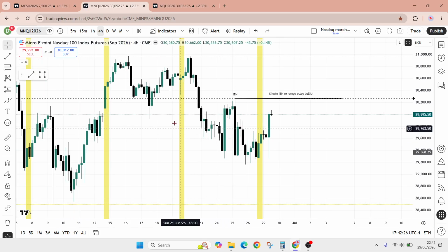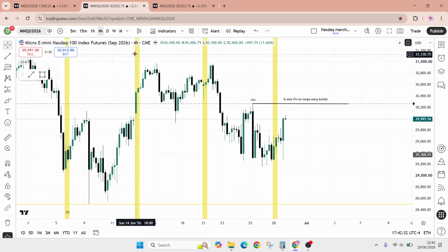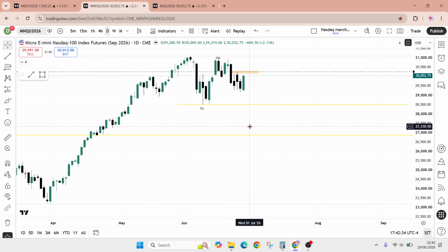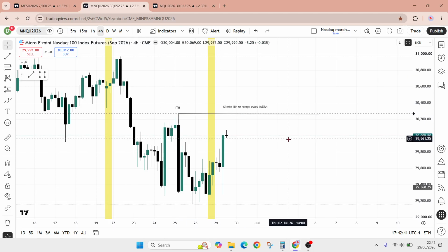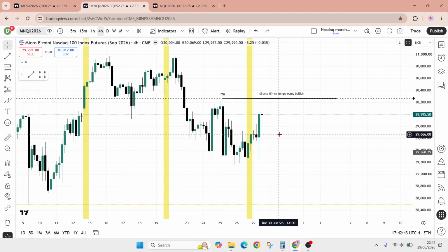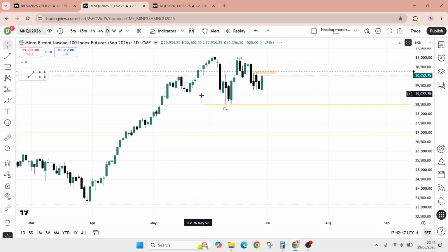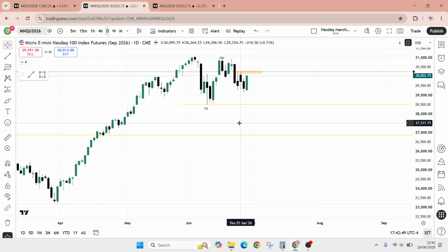So you have to be careful with those types of things. Now, in my calendar, following news and fundamentals, you're supposed to trade theoretically Monday and Tuesday, but I didn't like at all how the day was formed, and I stayed away from the markets, and I'm glad I did that.